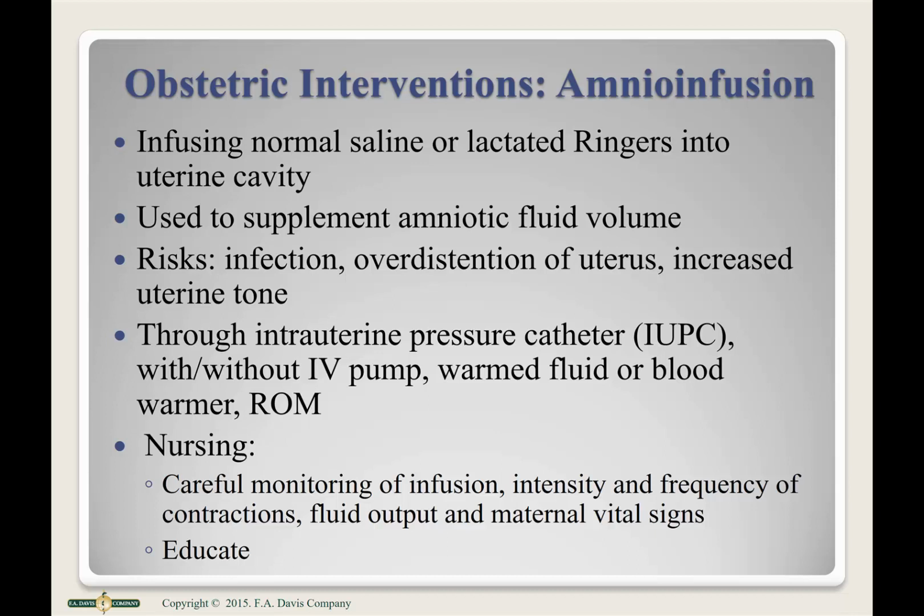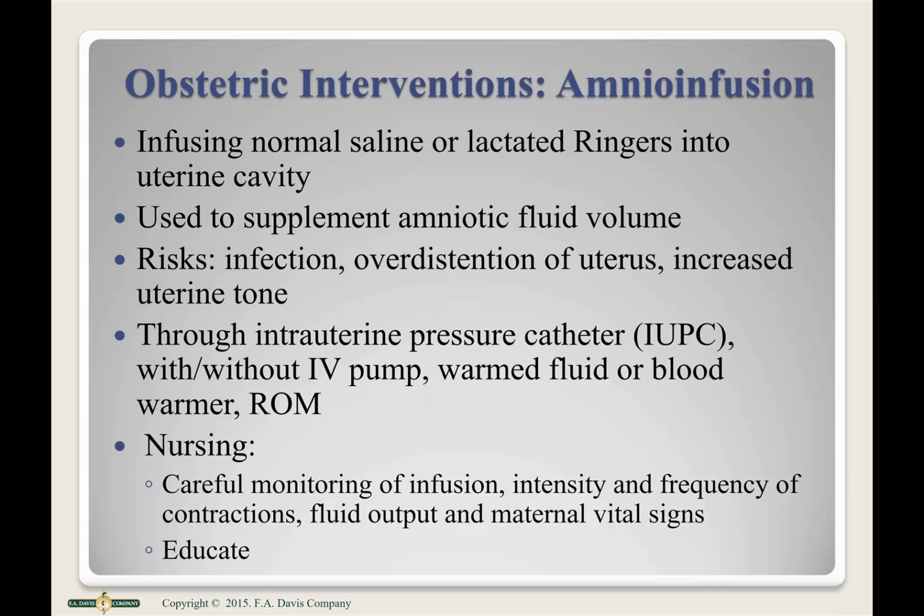This has to be a very controlled infusion. We can't just let the whole liter of fluid dump in in 10 minutes, because we could end up rupturing the uterus. So we've got to do it at a slow rate. We can do it on a pump, though we don't have to use an IV pump.